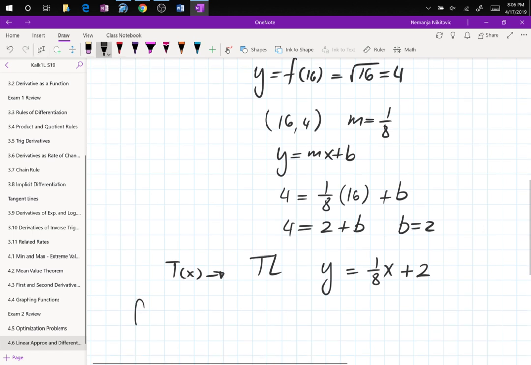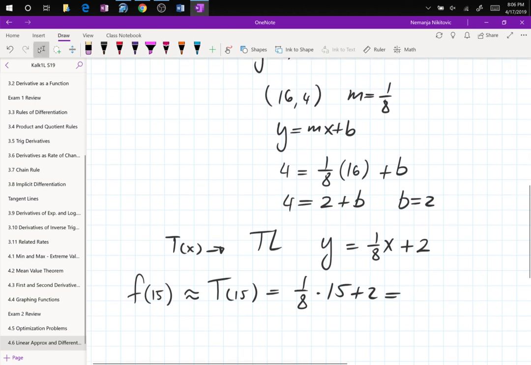So now I say that my f of 15 is approximately the same as t of 15, which is 1 over 8 times 15 plus 2. Now this is something that you can compute by hand. 8 into 15 goes once, and then you have a 7. So 8 into 70 goes, very good, 8 times.